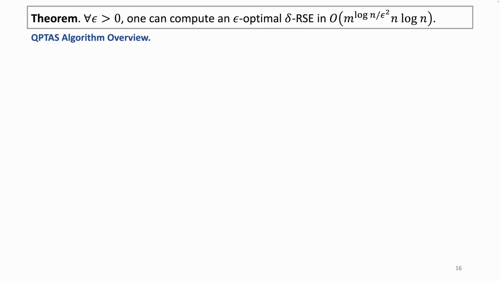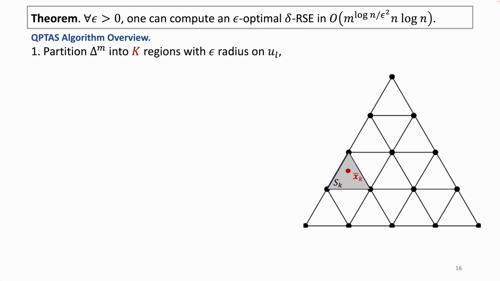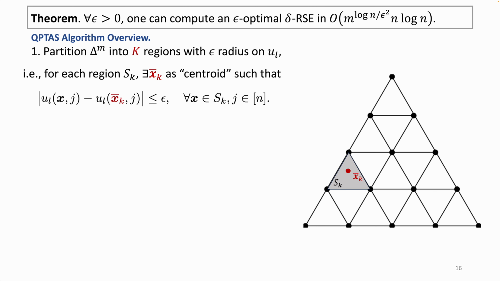Let me give you an overview of this algorithm. In the first step, we want to partition this simplex into K regions with delta radius. Specifically, each region satisfies the following condition: for any point within this region, the leader's utility gap between this point and a point called the centroid is less than delta.